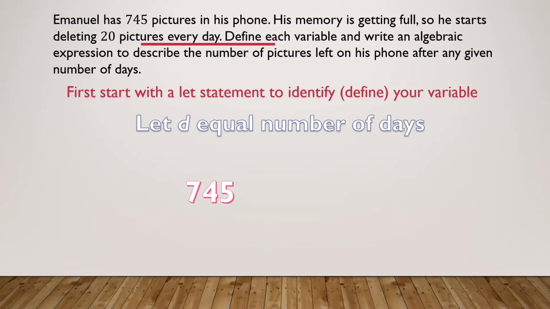What's a way we write repeated of the same number? Well, that's multiplication. But what do I do with those two numbers? Remember, what is the action that he's actually doing? He's deleting. So if he's deleting, that's subtraction. You now have your expression. Plain and simple. There it is.